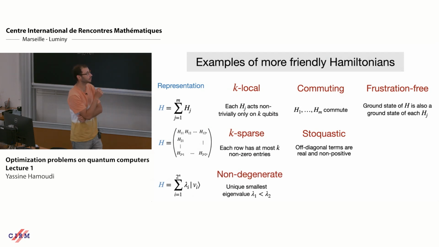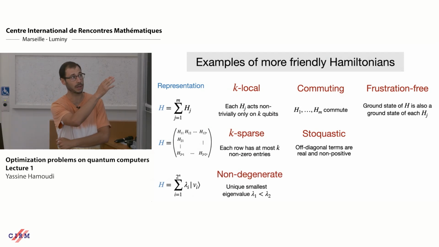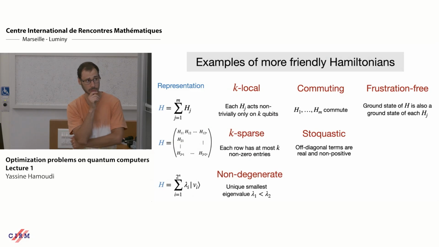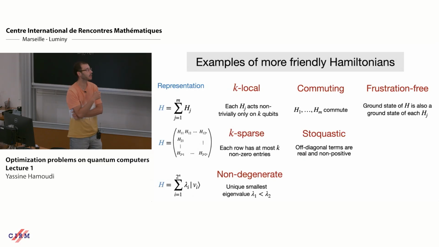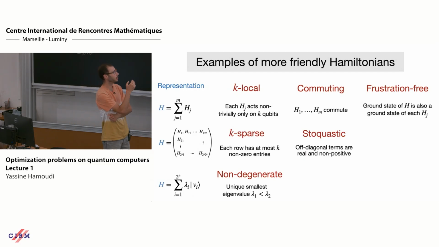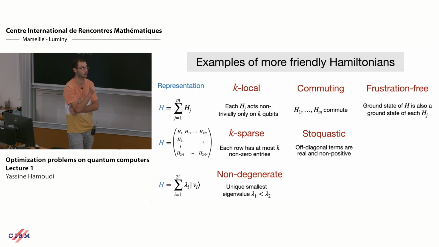Okay, last series of assumptions. Now you look at the eigendecomposition of H, and you may put some restriction on how this eigenspectrum looks like. So one is being non-degenerate, meaning that there is a unique smallest eigenvalue lambda 1. Okay, so there is a unique ground state associated to the smallest eigenvalue.